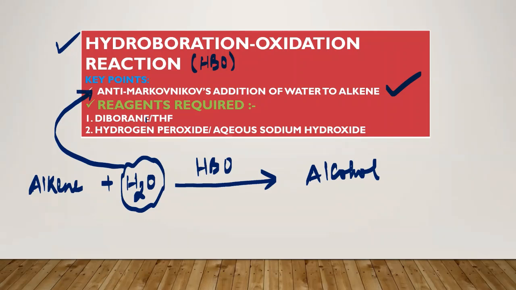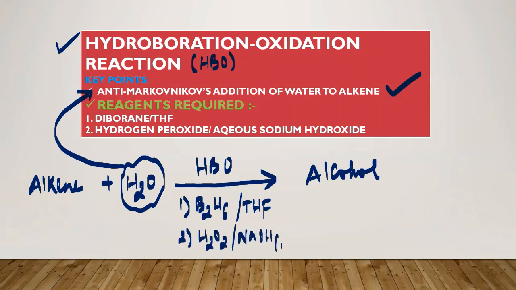And the reagents which you require in the hydroboration oxidation will be, in one step, diborane B2H6 in THF, tetrahydrofuran, and in second step hydrogen peroxide in aqueous NaOH. So dear friends, this is a two-step reaction. In one step you are using diborane, in second step you are using peroxide.